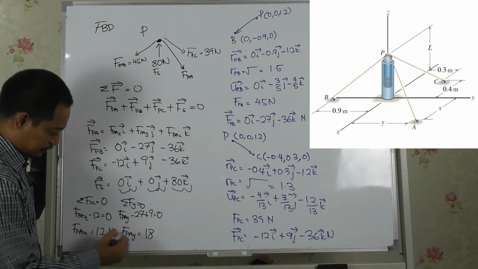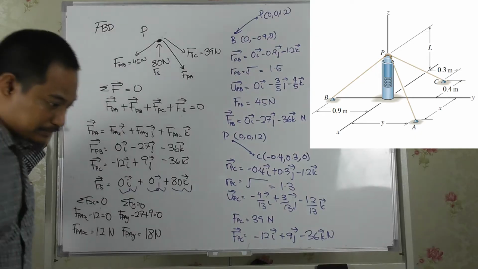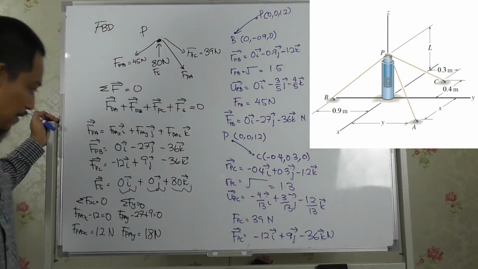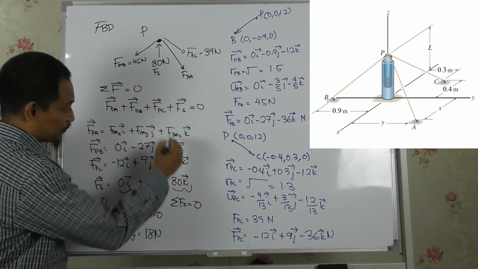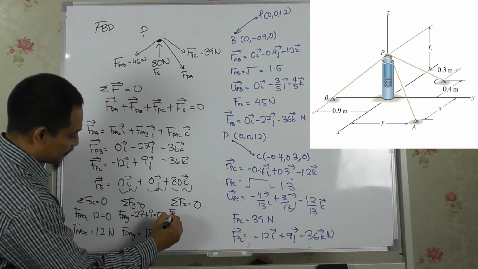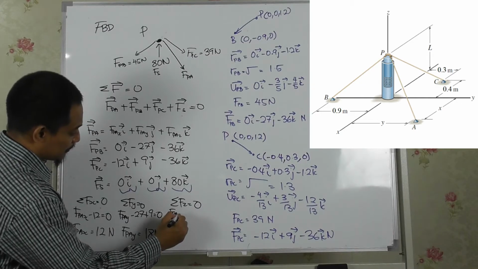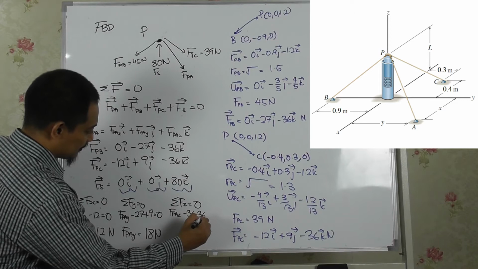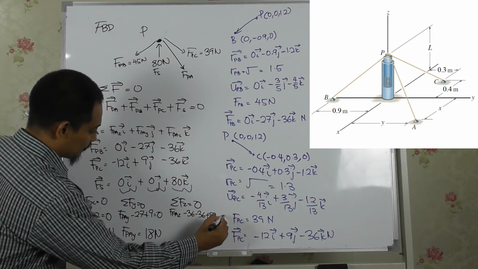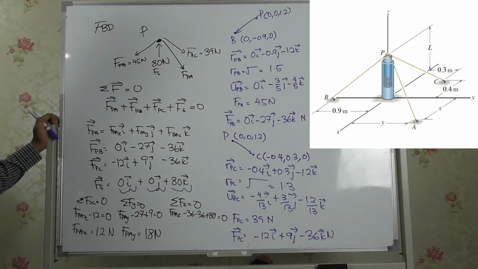This is Newton, right? Is it 18 Newton? Okay. And then the summation of Fz equal to 0. So you add all of this. So FPAz minus 36 plus 80 equal to 0. Is it correct?